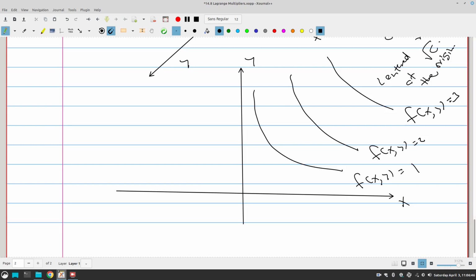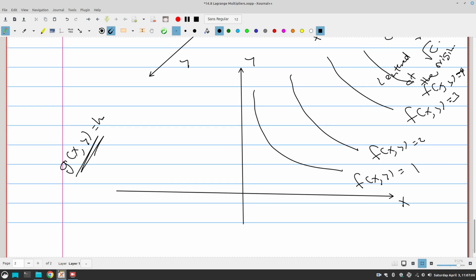These are level curves of f, right? f doesn't have any maxima or minima, it just goes on and on to infinity. Now I want to place the condition g of xy equals k.